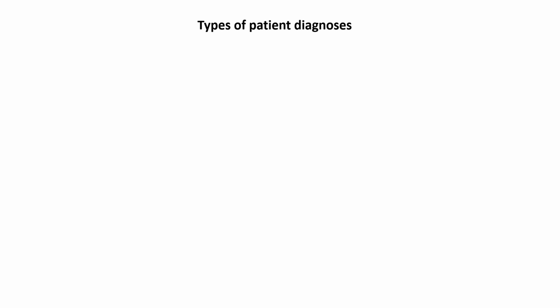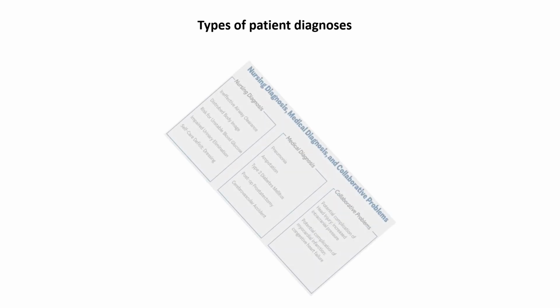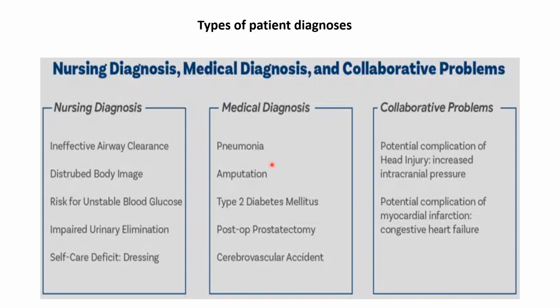What are the types of patient diagnosis? Normally, we have the nursing diagnosis, the medical diagnosis, and collaborative problems. Nursing diagnoses are given as examples here, like disturbed body image, risk for unstable blood glucose, impaired urinary elimination, or self-care deficit.